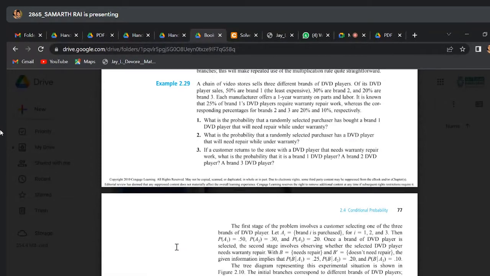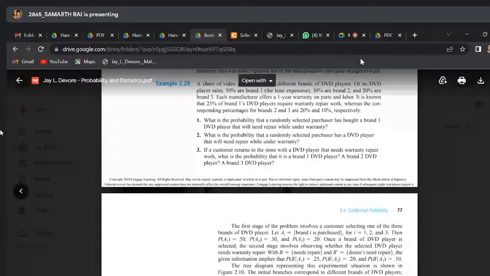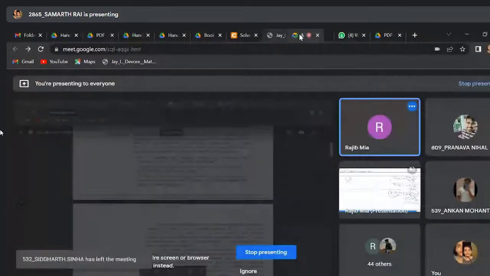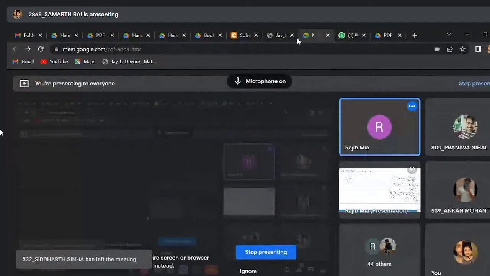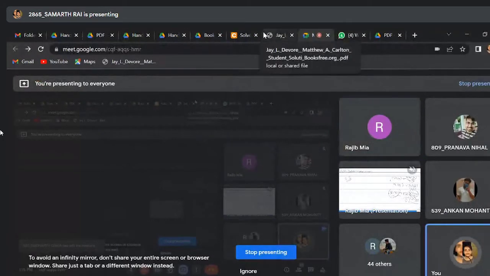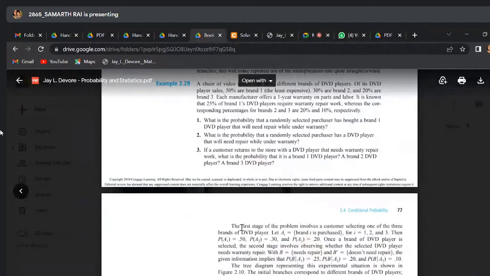Okay, so for this question, you claim that the conditional probability is not given. Then how to find this intersection, right? Are you asking for that? Yes, sir. Sir, the question I'm not getting. The 50% of brand one, it has been given three different brands, 30% and 20% for brands two and three respectively.